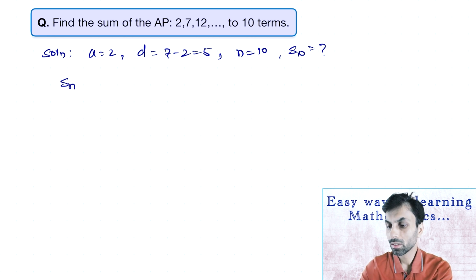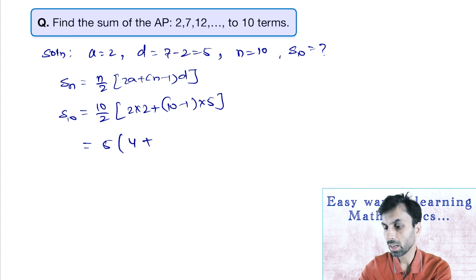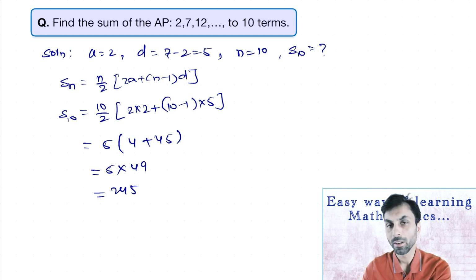So we know that Sn equals n by 2 into 2a plus n minus 1 into d. On substituting the values, we'll get S10 equals 10 upon 2, 2 into 2 plus 10 minus 1 into 5, which will be 5 into 4 plus 9 into 5, 45. We'll get 5 into 49, which will be 245.